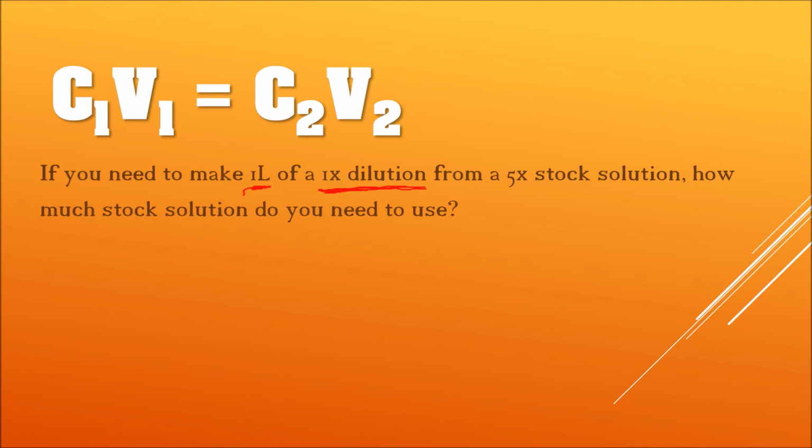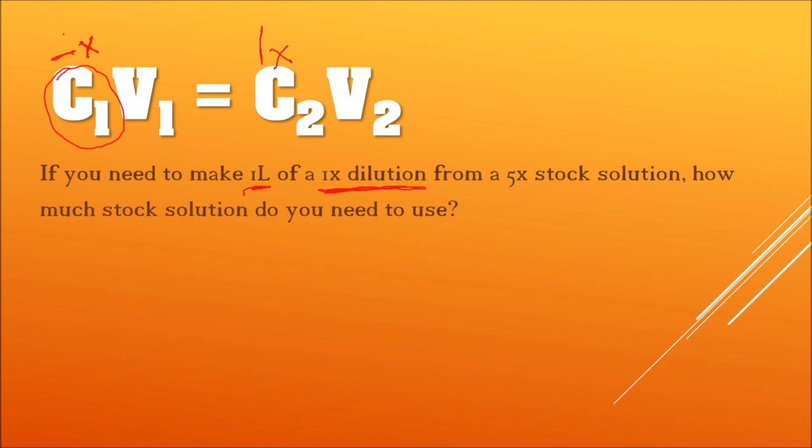You just have to make sure that if the concentration of the dilution is 1X, the concentration of the stock solution is also in X. It has to be the same units of measurement.